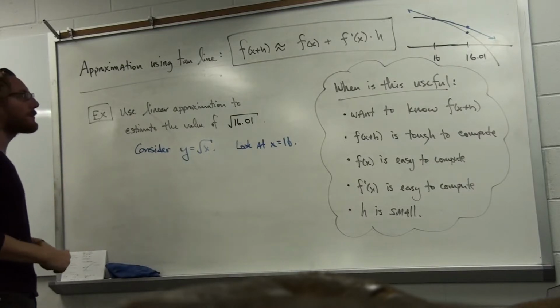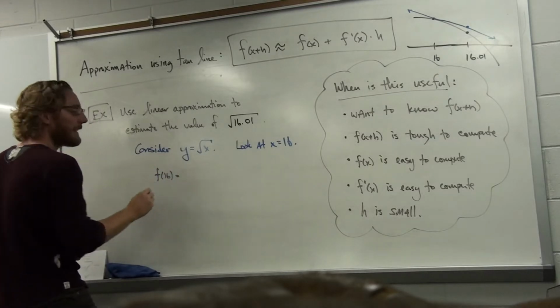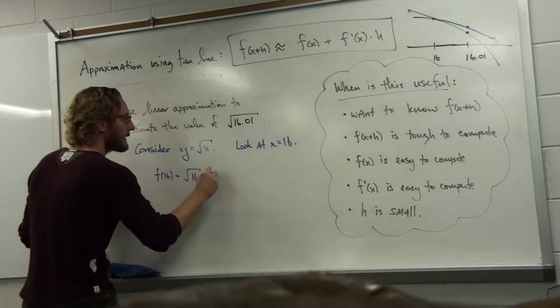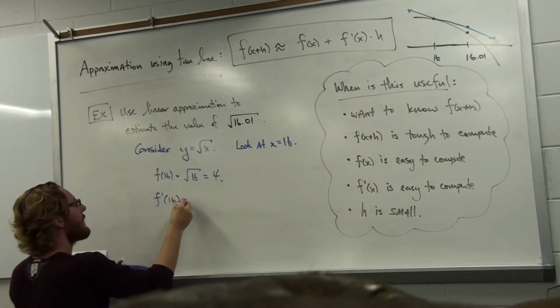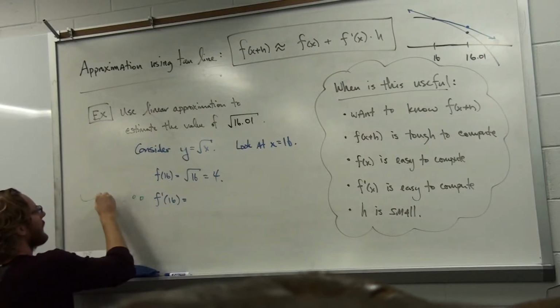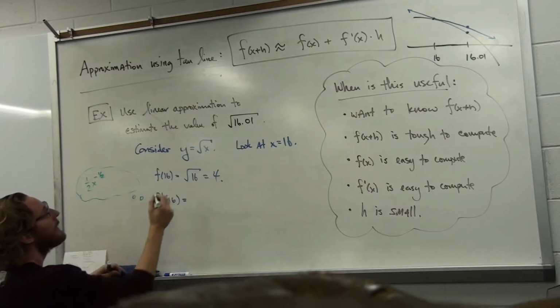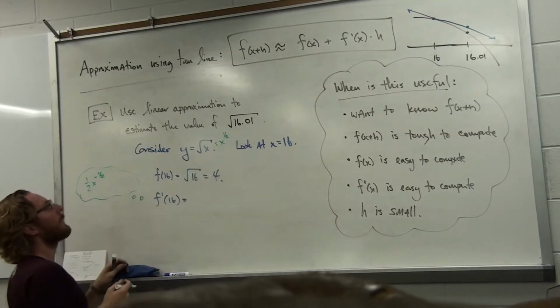So how are we going to do this? First, let's compute f of 16, the function value at 16. Square root of 16 is 4. No sweat. Let's consider the derivative value at 16. To do this, we have to take the derivative of the square root function, which, as you know, is 1/2 x to the minus 1/2, because you could look at the square root as x to the 1/2 power.